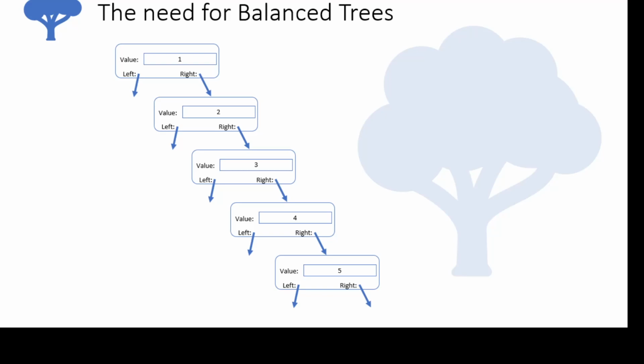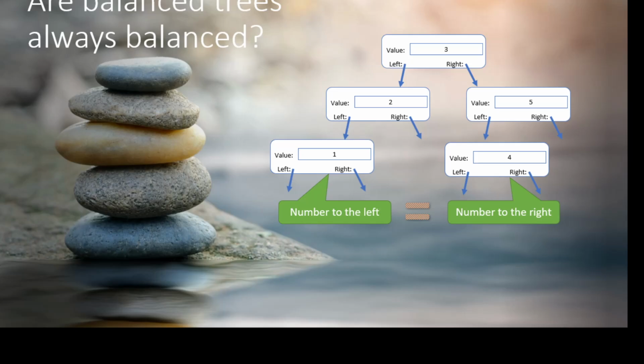There's one important concept I want to get past right away. You might have the idea that a balanced tree is simply that I count the number of nodes to the left, I count the number of nodes to the right, and as long as they're equal, we're happy. That is absolutely not the goal of at least the red-black search algorithm. You might see algorithms out there that do that, but that's not the goal.